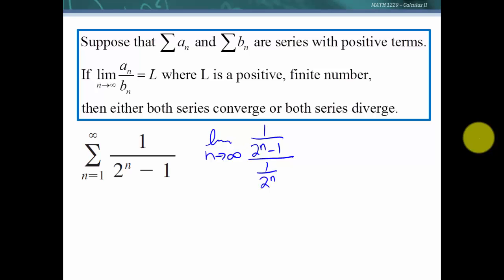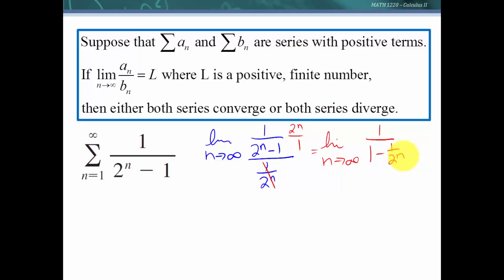And when we go to simplify that, we can flip this over, and that would be 2 to the n over 2 to the n minus 1. Then we could express this as the limit as n goes to infinity, multiplying numerator and denominator by 1 over 2 to the n. That would make it 1 over 1 minus 1 over 2 to the n.